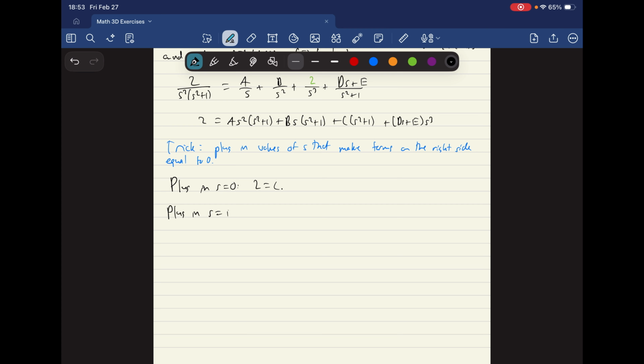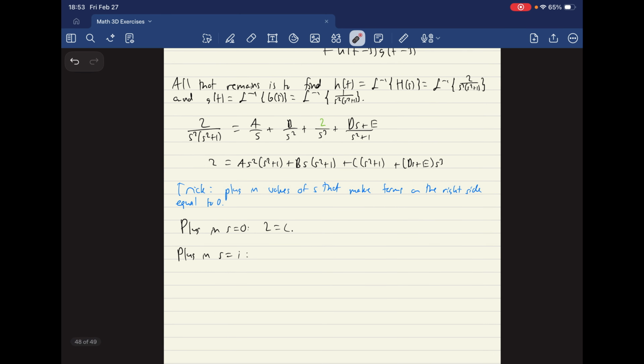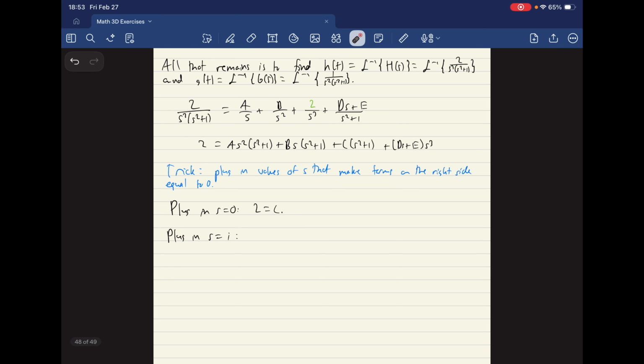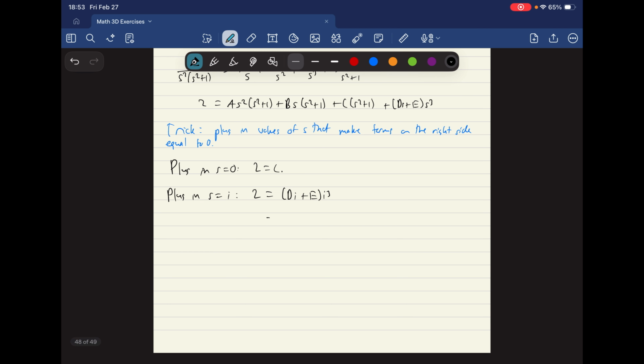So here, if I plug in s equals i, s squared plus 1 is going to be 0 because i squared plus 1 is equal to 0. And likewise, this will be 0, this will be 0, and all I'm left with is the last term, which is 2 equals di plus e times i cubed. And this is di to the fourth plus ei cubed.